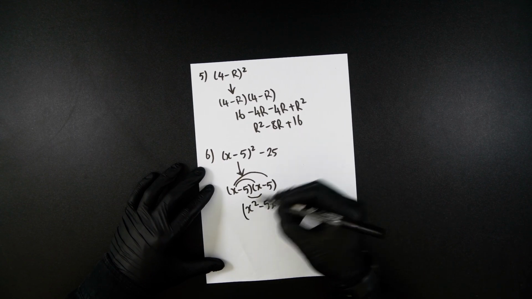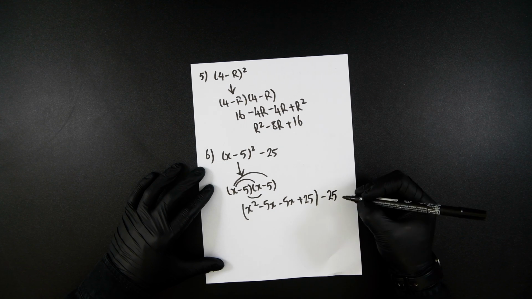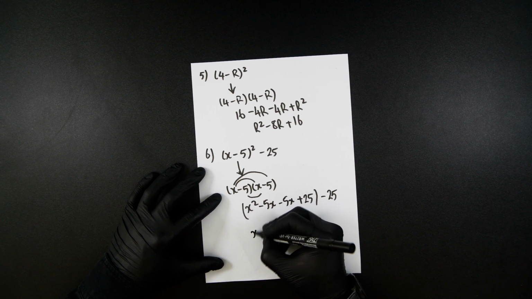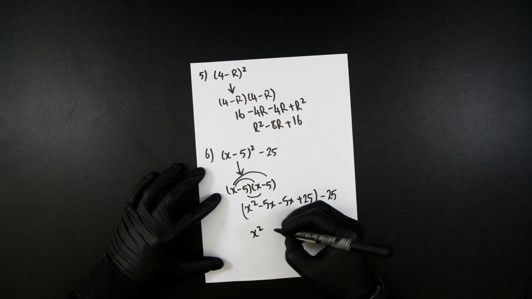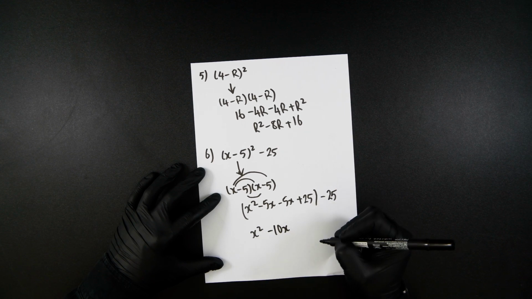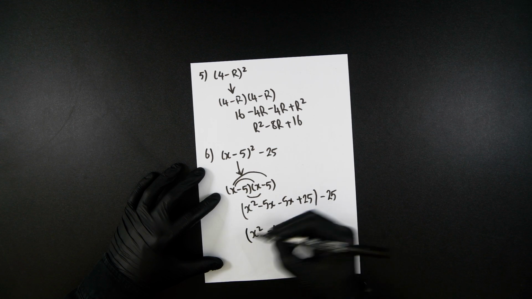But remember, there is a minus 25 here. So let's add that on. We'll have x squared, which is by itself. Minus 5x minus 5x is minus 10x. Then plus 25 minus 25 is nothing. So you are left with this.